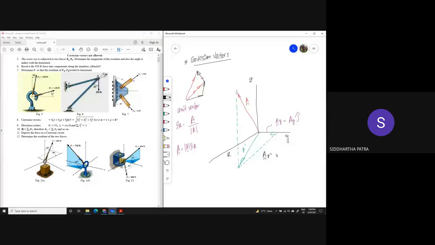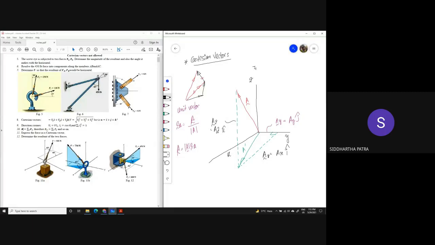So AX is simply the magnitude of AX times I, and then there is AZ, which is the magnitude AZ times K, where I, J, and K are the basis vectors or the unit vectors along the x, y, and z directions.